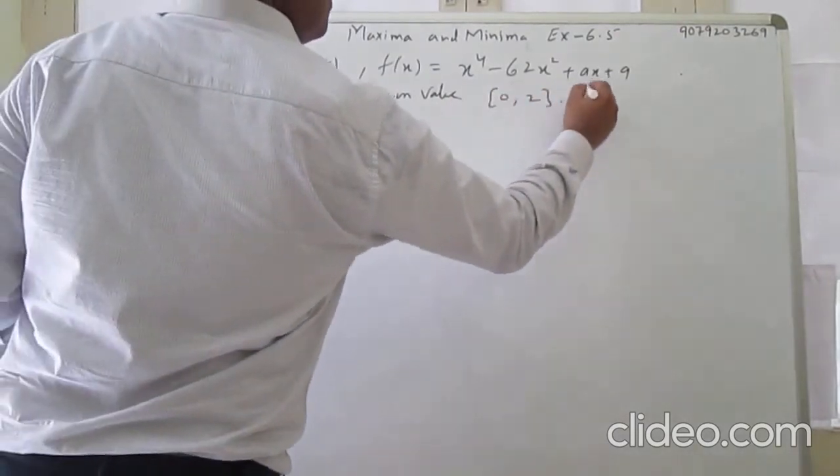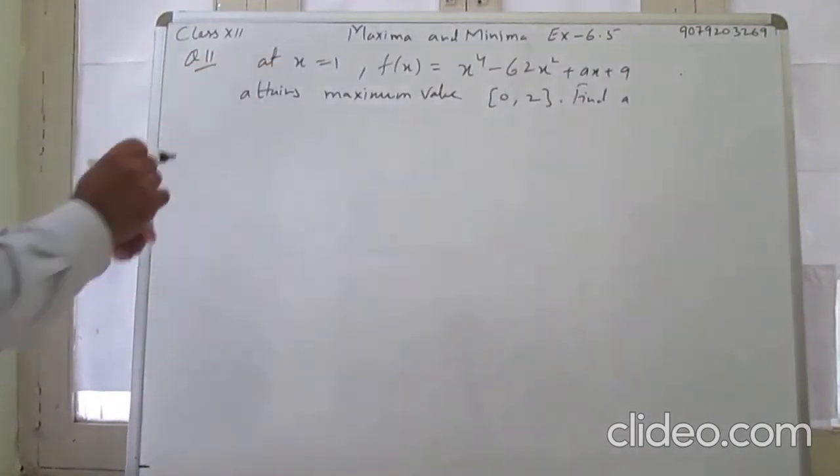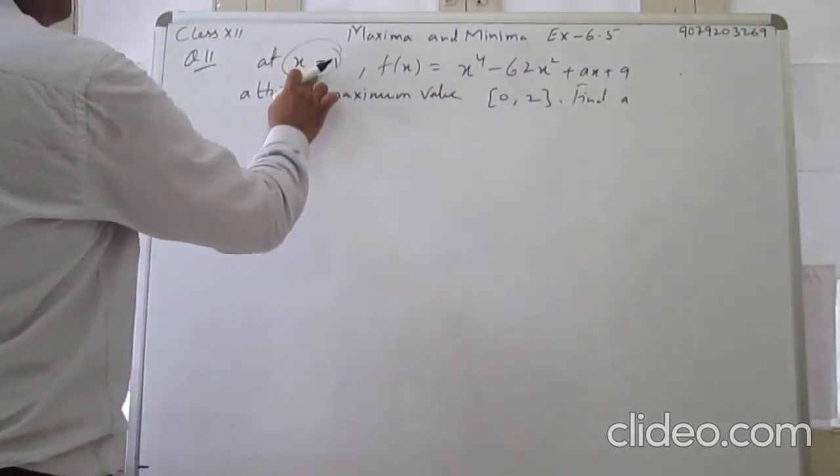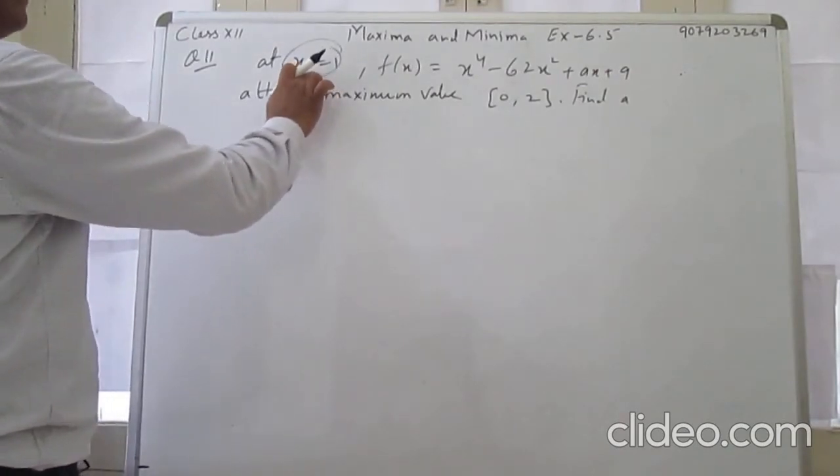Find a. Now it is given to you at x is equal to 1. This is a critical point where f'(x) is equal to 0 and it is the maximum value.